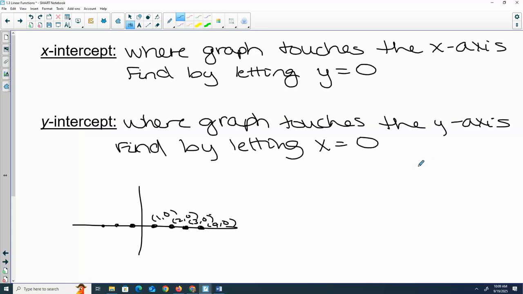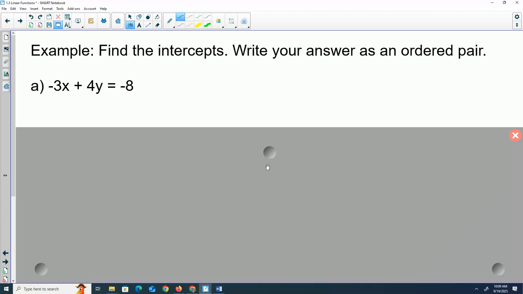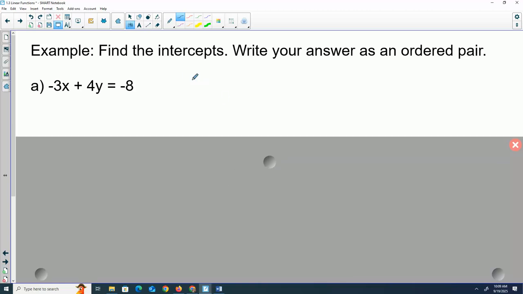Any questions about that? So let's practice finding that on a couple. If I want to find the intercepts, so to find my x-intercept, we said that's where it hits the x-axis, so we have to let our y equal 0.